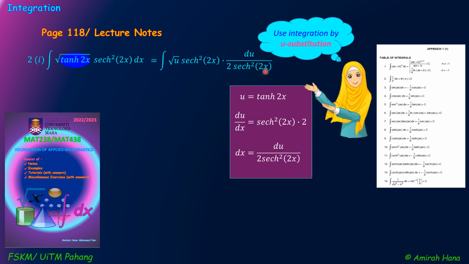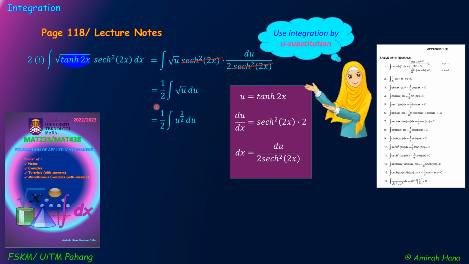Right? And then we can simplify sec squared 2x here, and at the same time we can move out constant 2 from integration sign. So we can write like this. We have half and then integration of square root of u du. Half ni datang daripada over 2 ni. Kita move out.